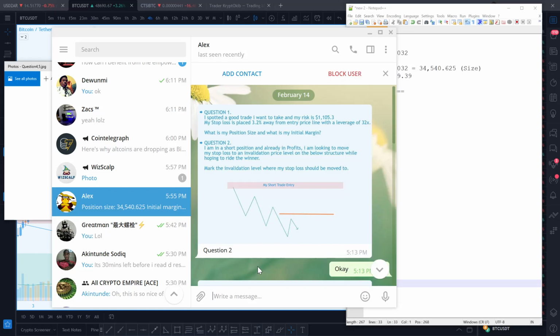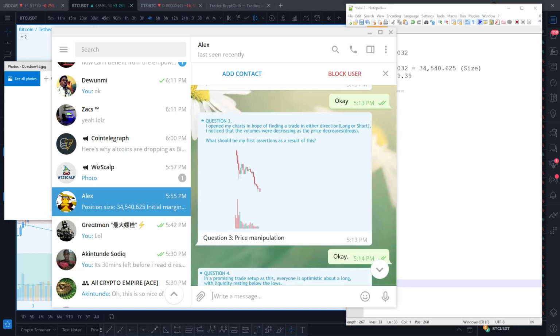Then the next one, number 3, price manipulation. No, that's not price manipulation. It is price action, not price manipulation. The volume is quietly showing us that momentum of sellers is weak. They are becoming weak. Price is just going down on its own without the support of volume.